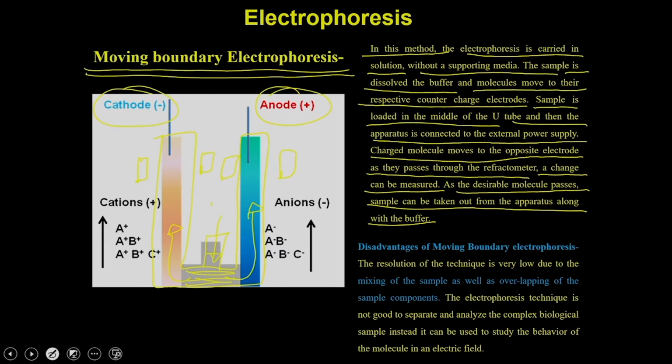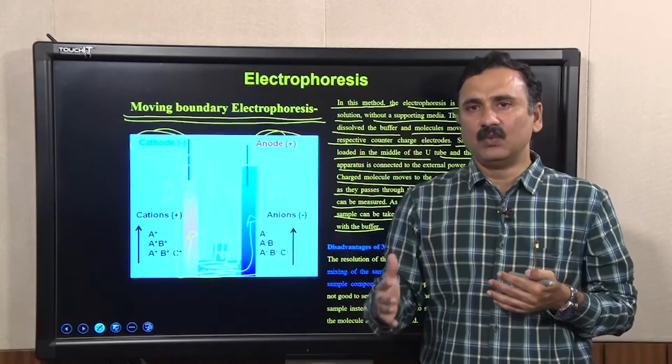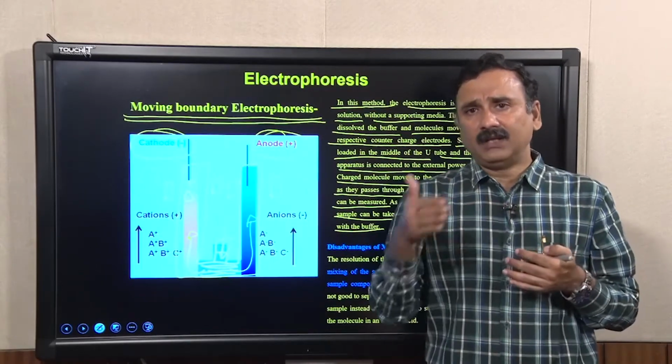As soon as the molecule passes through these refractometers, there will be a change in the refractive index of the buffer, and as a result they will know when a particular molecule is coming out, but that is very ambiguous and not very accurate.